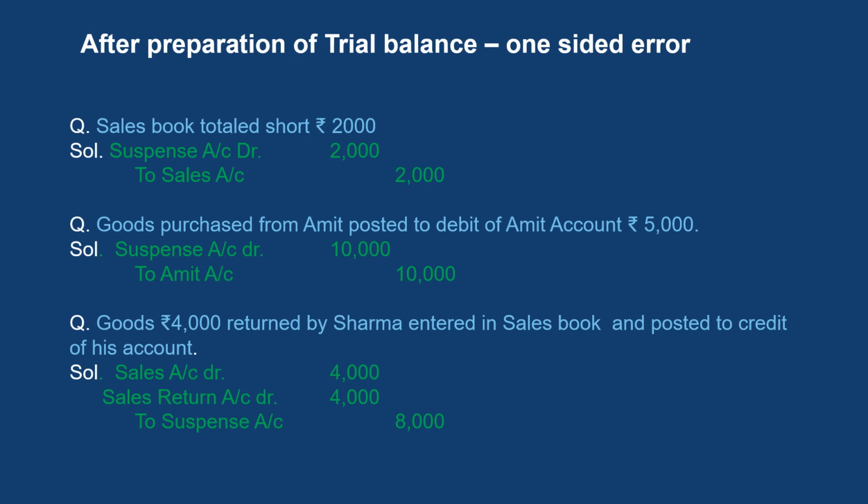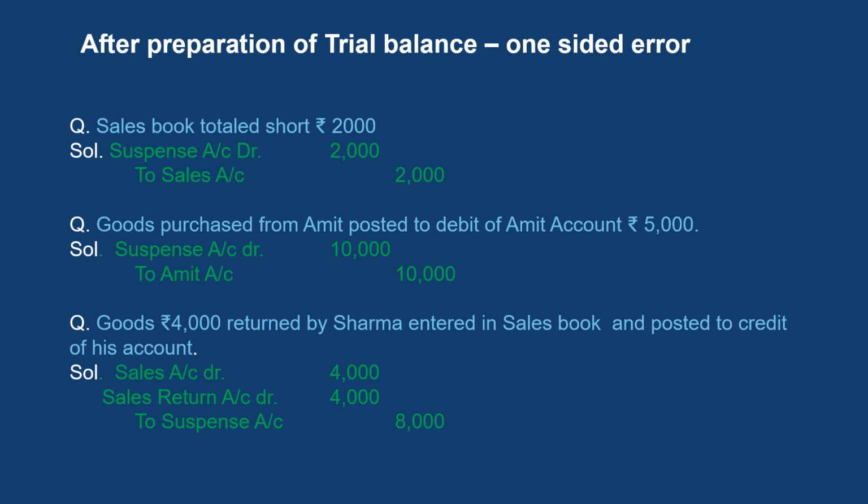So 2,000 less has gone to the credit of sales. So what should you do? You should put that 2,000 to the credit of sales. So you credit sales account and the other effect would be given to suspense account. So the rectification entry would be suspense account debit 2,000 to sales account. So this way you're using suspense account.